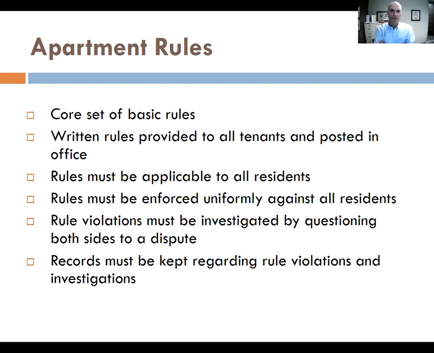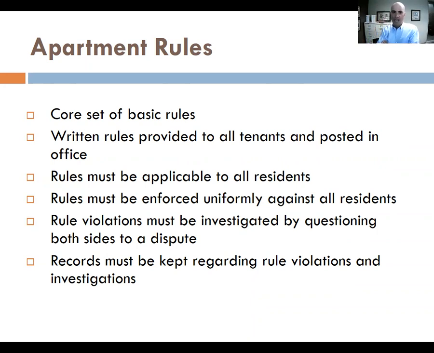Apartment rules we've touched on. Have a core set of basic rules that don't say anything about families or children. So it talks about occupants and residents. Have them in writing, incorporate them to be part of your lease, and then enforce them uniformly against all residents.